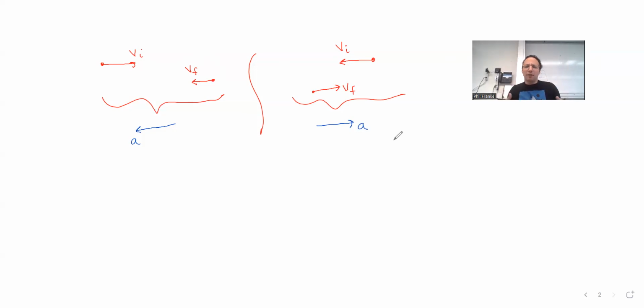Always, it's helpful if you think about the object as like a person on roller skates or something. So the person has an initial velocity to the right on roller skates. There's a strong wind to the left. That is what would be needed for the person to turn around and end up moving to the left. If you think about it this way, it makes it even more concrete what this acceleration direction is all about.